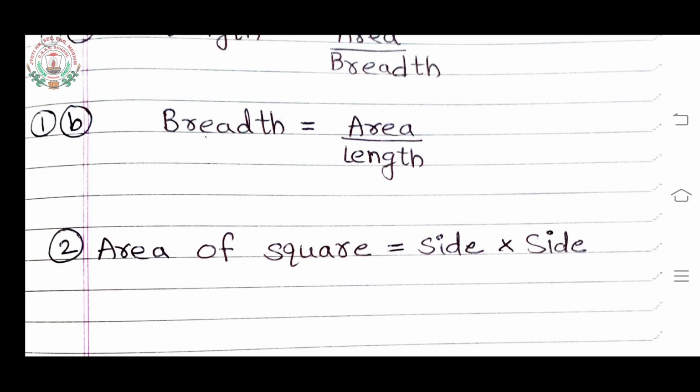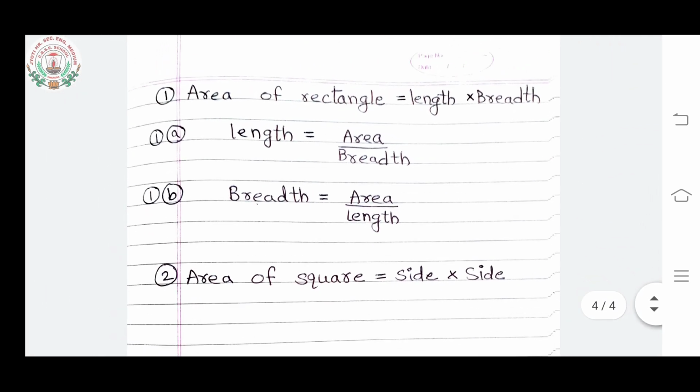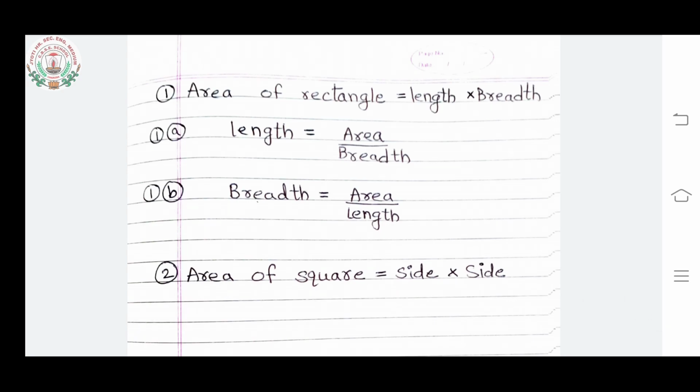So now I'm not giving that type of formula also, and that type of question is also not asked in your textbook. So no need to think and discuss about that. So only this one formula you have to learn, that is area of square is equals to side into side. Okay, so this much is clear, the formula of area of rectangle and area of square.